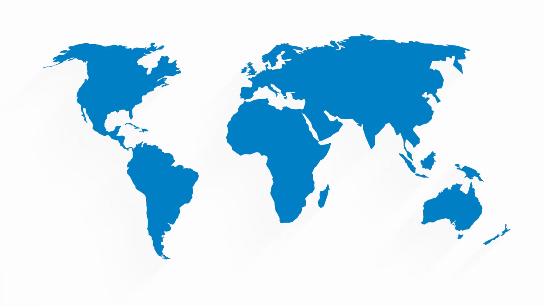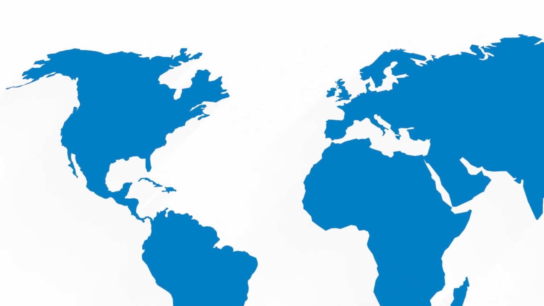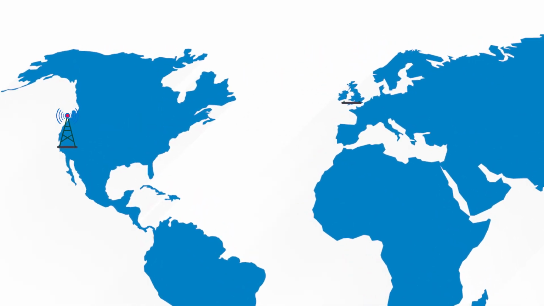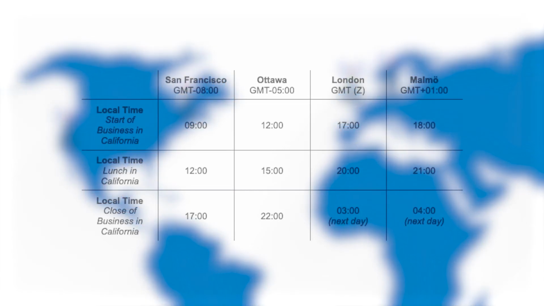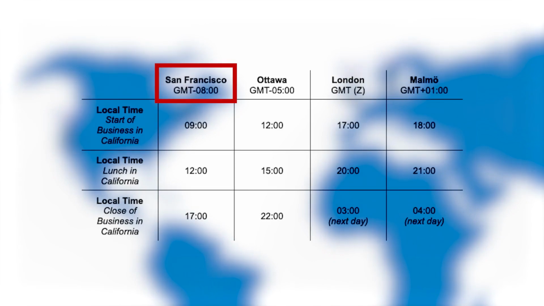Let's imagine that in this data set we have data representing traffic collected from 4 different points in our 4 international offices of this imaginary organization. Imagine that we have offices in San Francisco, where the time zone is expressed as GMT-8, Ottawa, Canada, with time zone GMT-5, London, England, with time zone GMT, or Z for Zulu time, and Malmo, which is in time zone GMT+1.